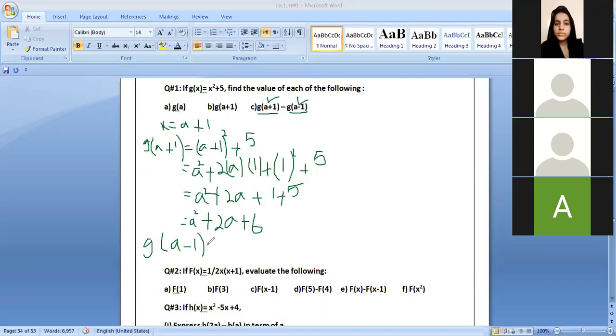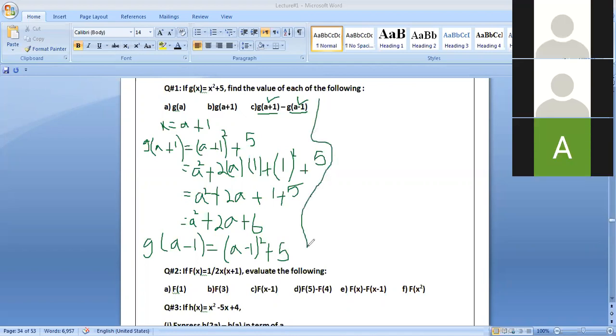I am putting the value a minus 1 in the question, so the question becomes (a-1) whole square and plus 5.